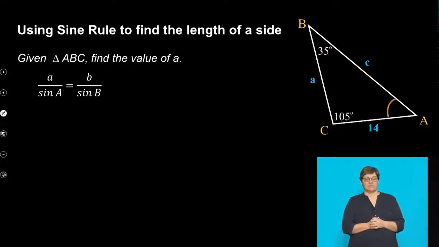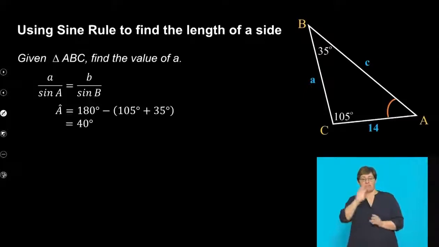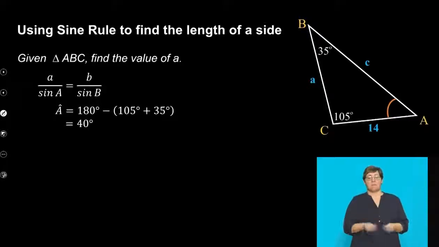Okay, so there's a neater version of what we're doing. We're going to say a over sine A equals b over sine B. We first substitute to find our angle A using the three angles of a triangle. Because we have 105 and 35, we subtract that from 180 degrees, and we find that our angle A has a value of 40 degrees.